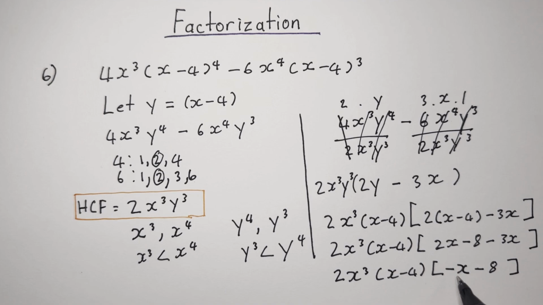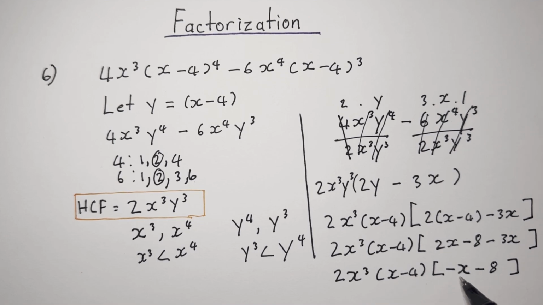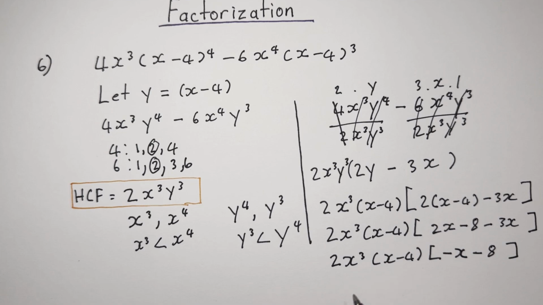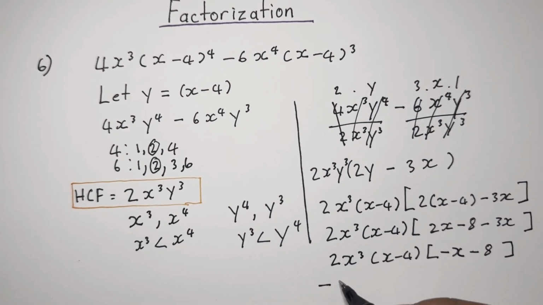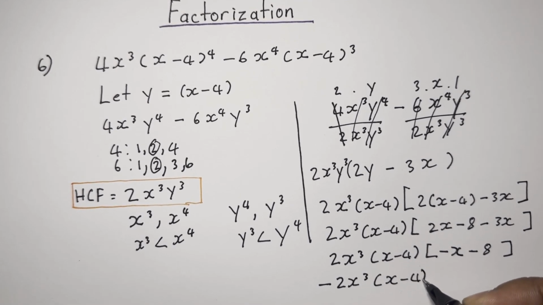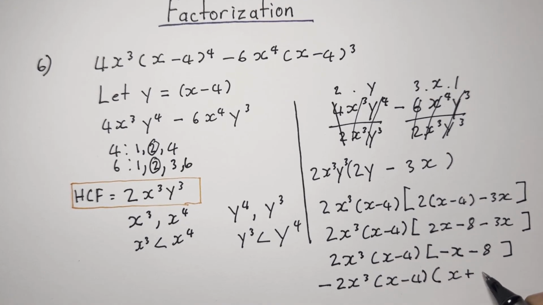So we're going to factor negative 1 from here. So after factoring negative 1, our answer is going to be negative 2x cubed (x minus 4)(x plus 8).